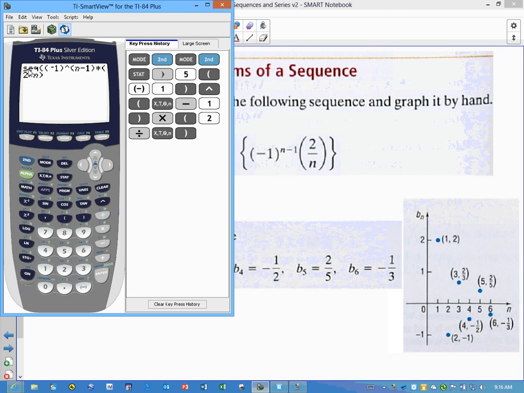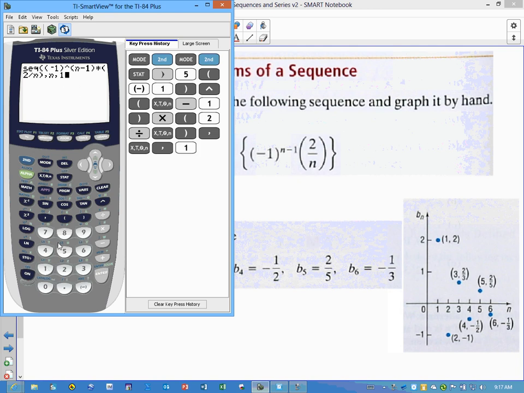So the syntax, again, for this command is the sequence of the general term, which we just put in, and then comma, and the comma is the button right above the 7, and then the variable that's changing with each iteration, which is n, so it's comma n, and then comma the lower bound, or lower limit, which is 1, because we're going from 1 to 6.